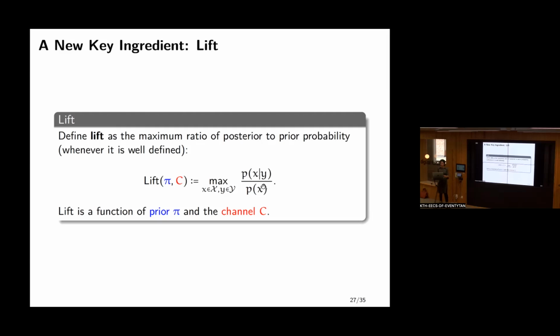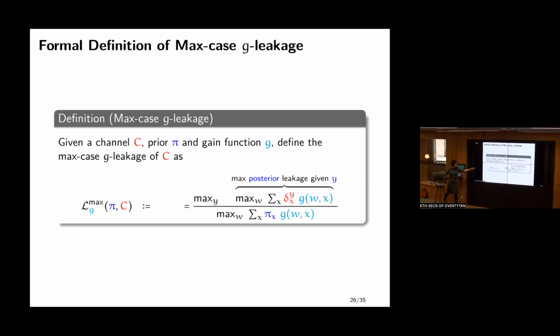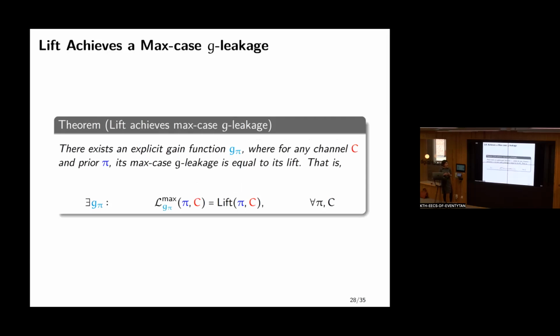So how lift is related to this quantity is one of the key things that comes into play. One of the first results that we are showing is that there exists an explicit gain function G of an adversary, for which, for any channel C and any prior pi, the max case G leakage is equal to the lift.